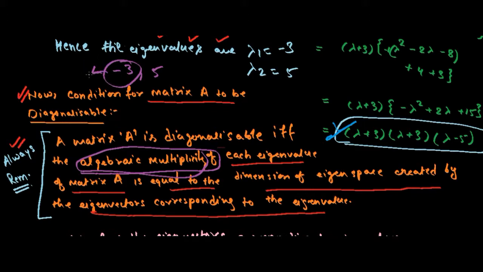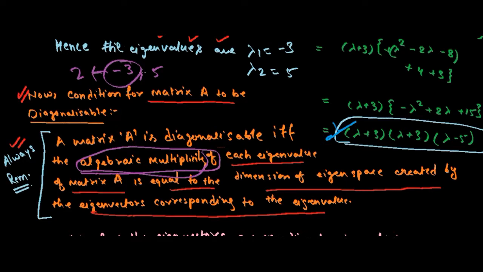So the algebraic multiplicity of minus 3 will be 2. Algebraic multiplicity is nothing but the number of times an eigenvalue is repeating.